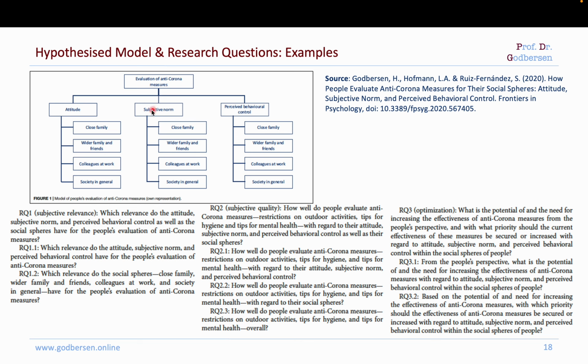These constructs might be of different relevance to the people. So just think of a lovely, great marriage. Of course, I want my close family to be protected from the COVID-19 pandemic.